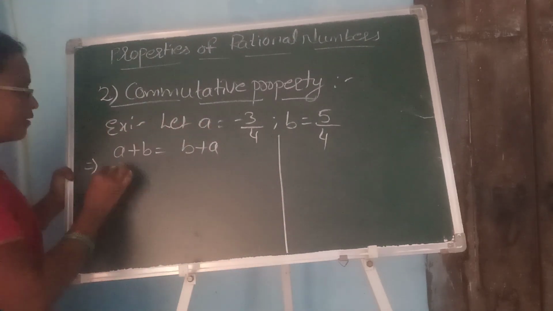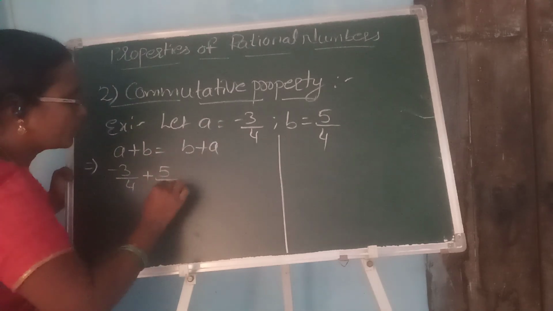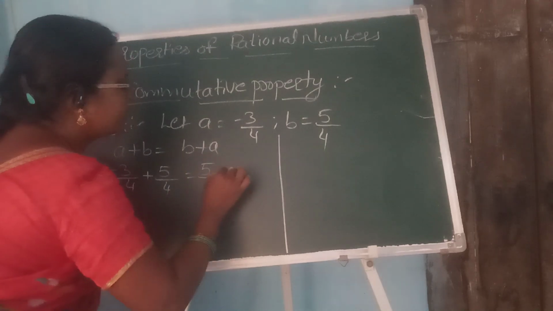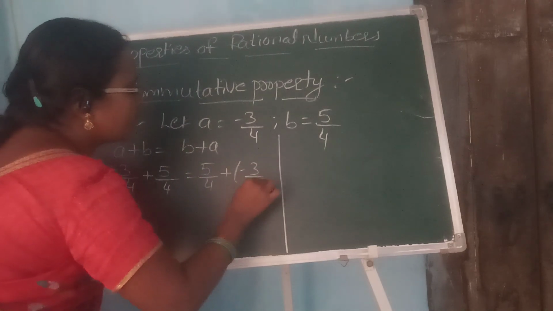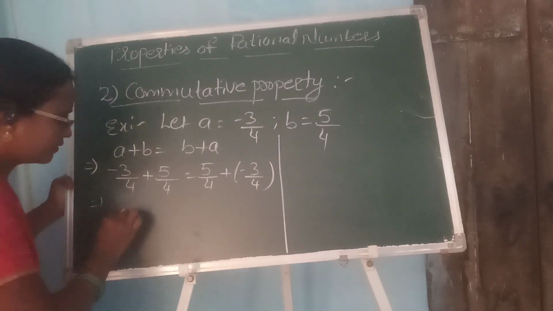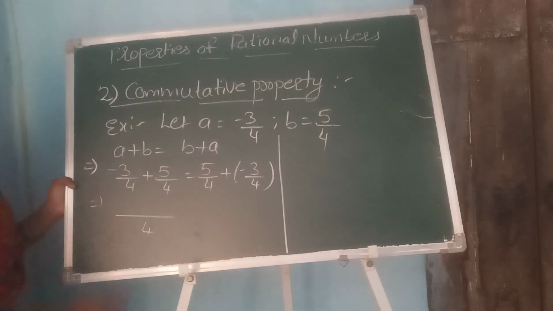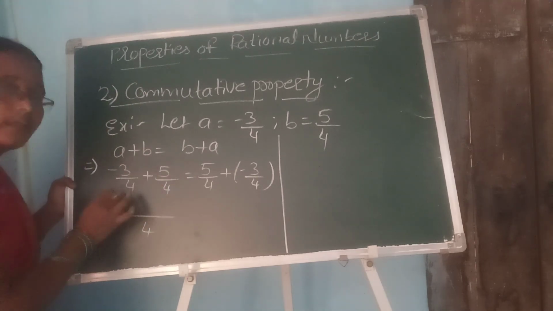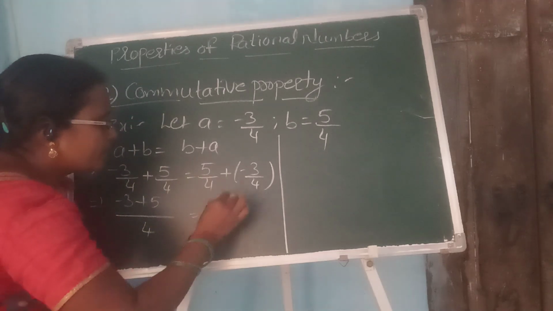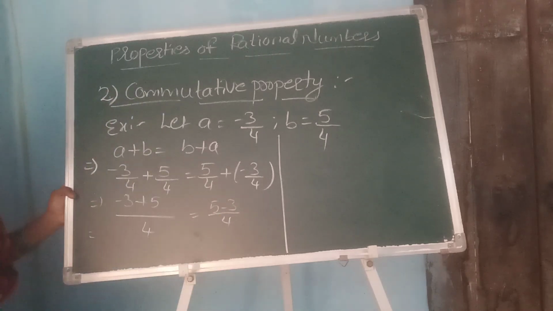So a, minus 3 by 4, plus b, 5 by 4, is equal to b, 5 by 4, plus a, minus 3 by 4. Now make this addition. The LCM is 4 as it is here. Minus 3 plus 5 is equal to 5 plus minus 3 by 4, which is minus 3 plus 5.